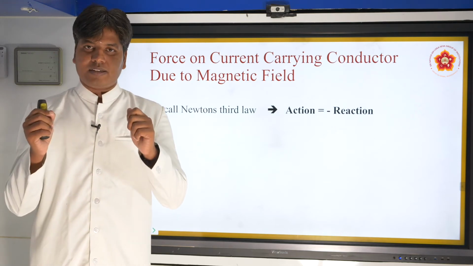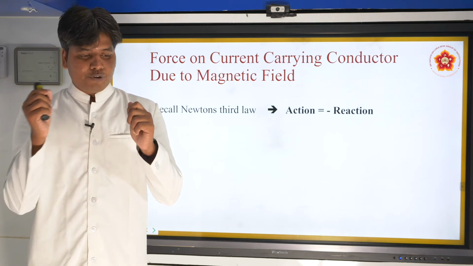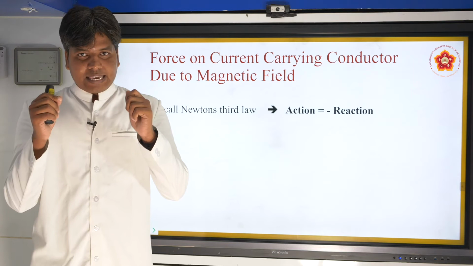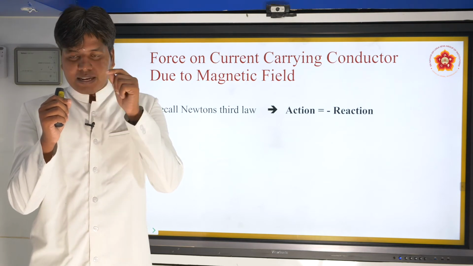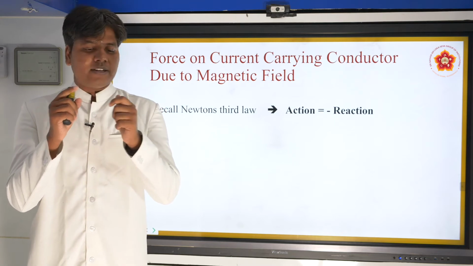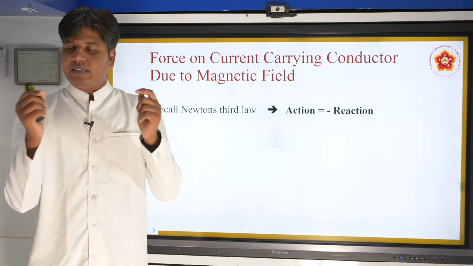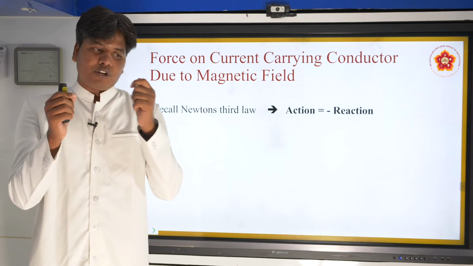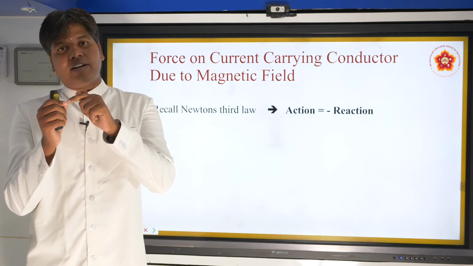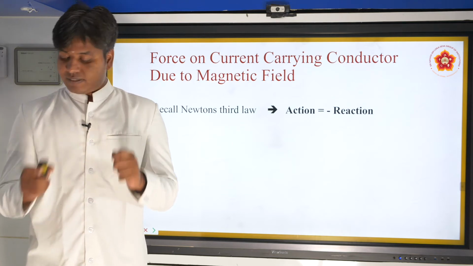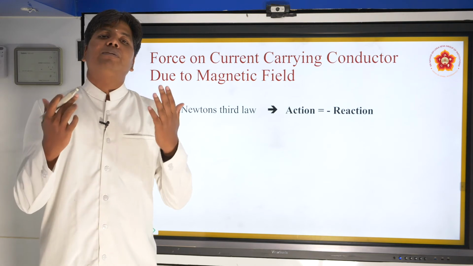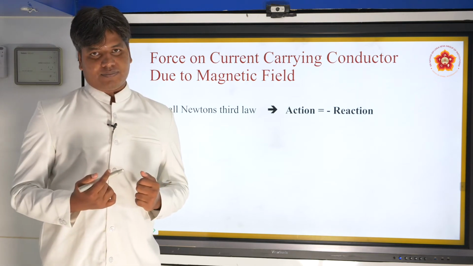If two bodies are here, how much force one is exerting on the other is the same force that is being experienced by this body due to body 2. If the force on body 2 is action, the force on body 1 is reaction. Understood? The only difference is it will be in the opposite direction.